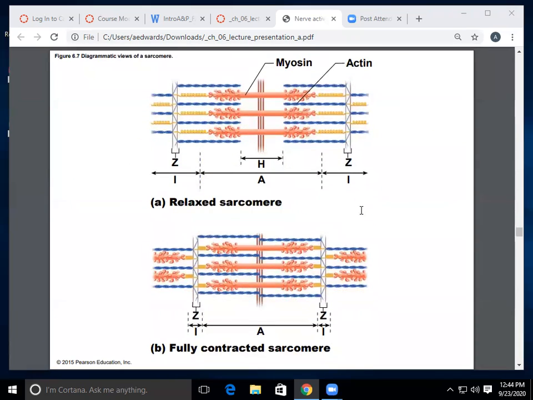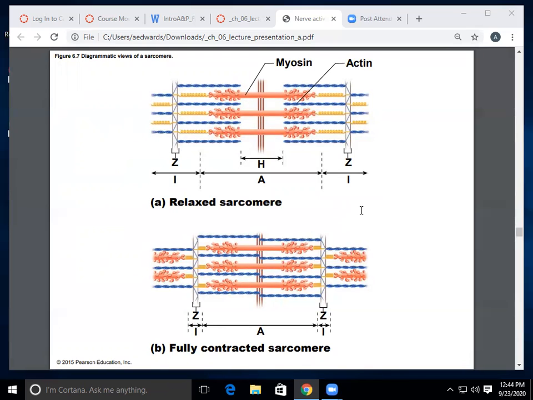All right, so you should hopefully remember at least looking at something that looked like this one on the top last class. So this is a sarcomere. It has those thick filaments in red in the middle and the thin filaments in blue on the sides. Remember, that's the unit of muscle contraction. This is in a relaxed state, okay?